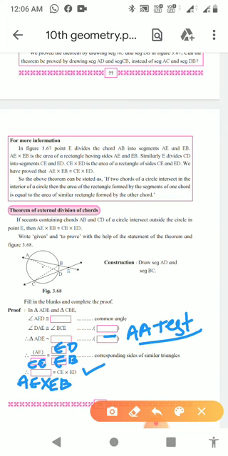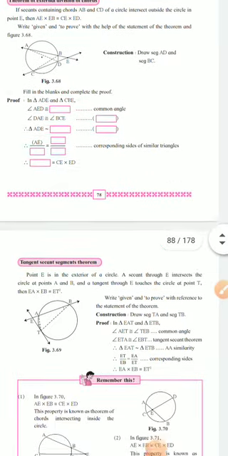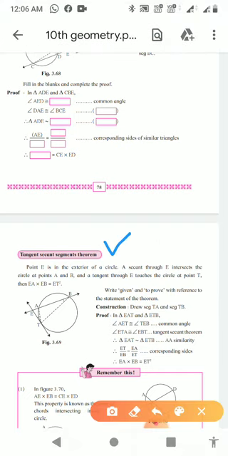Then we will see the next part of this chapter, that is the tangent second segment theorem. I will tell you, this tangent second segment theorem is most important from your examination point of view also. If you see the problems given in practice set 3.5, there are 5 problems in total, and out of 5, almost 3 to 4 problems are based on this theorem.